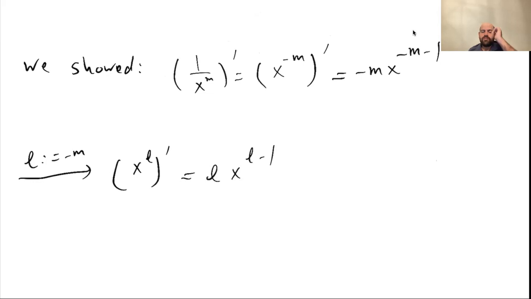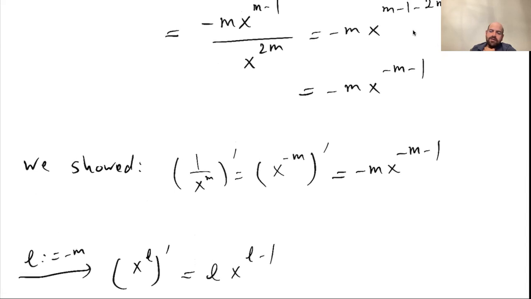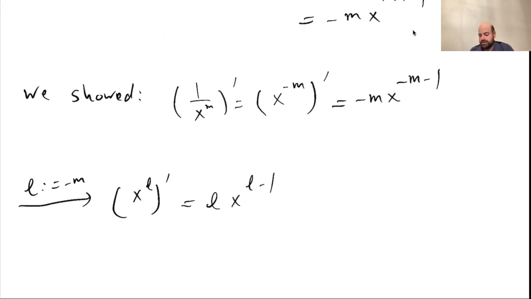Remember, we previously showed in the second rule that the derivative of x to the power m is m x to the power m minus 1. And in that rule, we assumed that m is a natural number. But here L is minus m, so it's a negative integer. So in other words, we have generalized rule number 2 to the set of all integers.